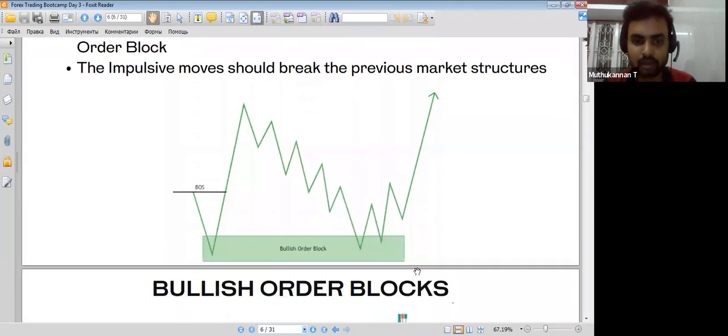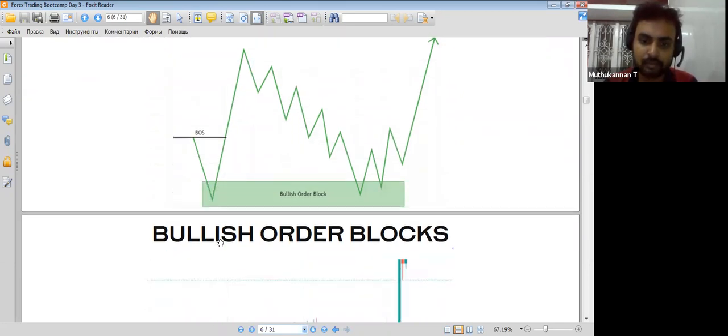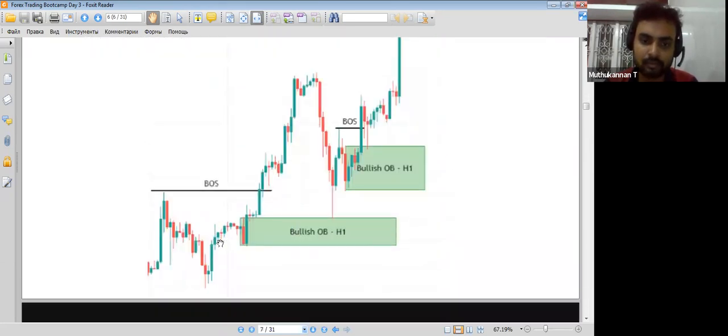Say for example, this is the impulsive move. I'll be marking the last bearish candle before this up movement. Can you guys see here? This is my last bearish candle before the strong movement.